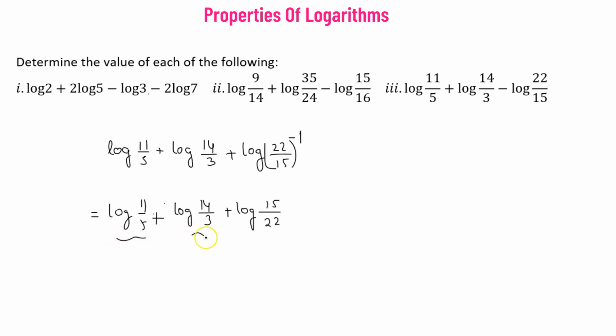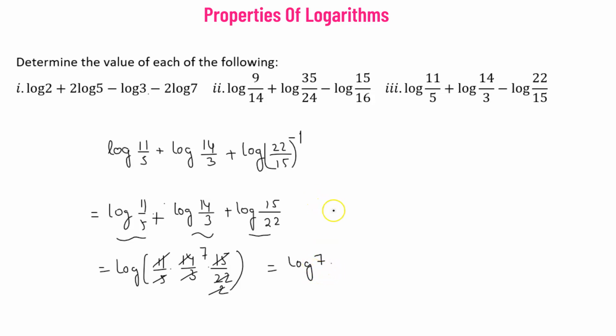Now we have log of a plus log of b plus log of c, so this will be equal to log of 11 over 5 times 14 over 3 times 15 over 22. So we have 11 times 2 is 22, 5 times 3 is 15, so this cancels out, and 2 times 7 is 14, so that means we are left with log of 7, which is also obtained in the previous case.